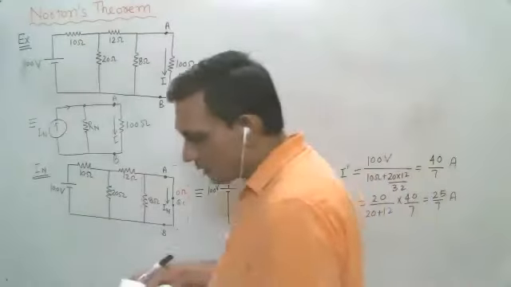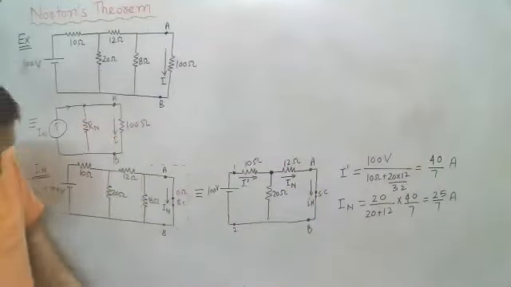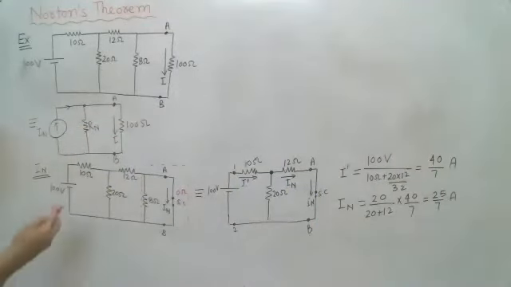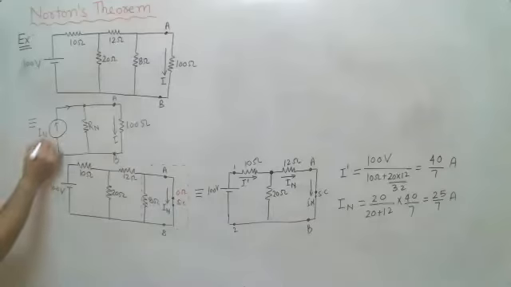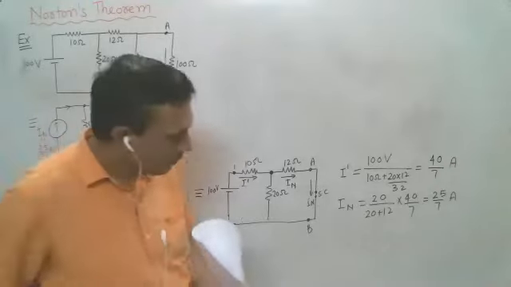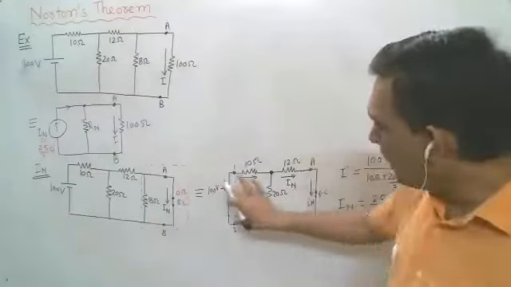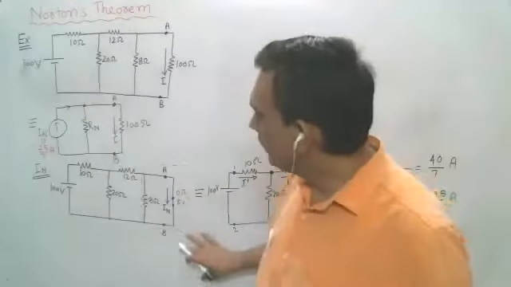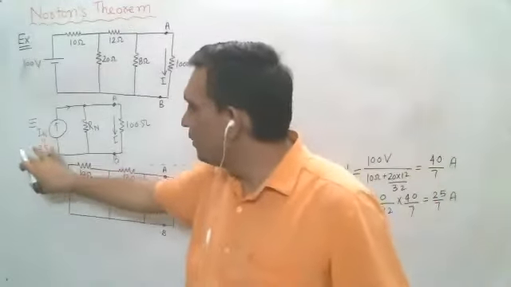So in this case, IN is 25 by 7 ampere. Is it clear? You have calculated IN. IN is 25 by 7.